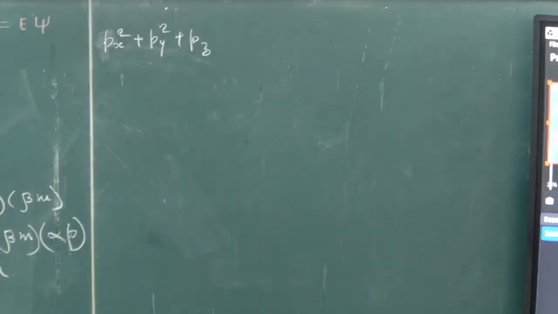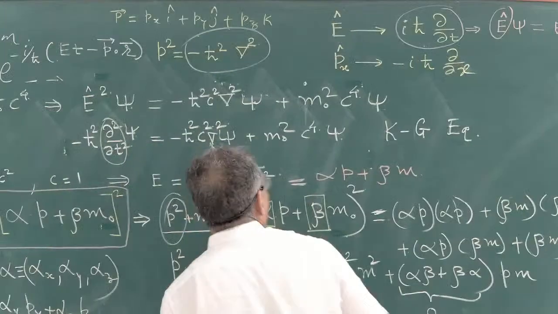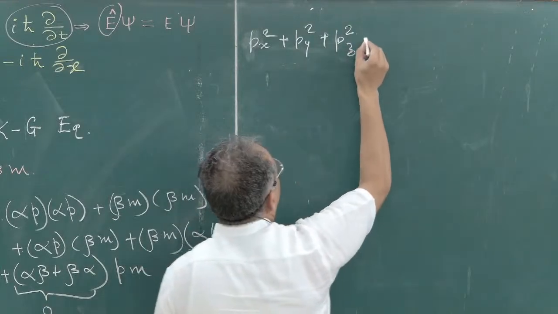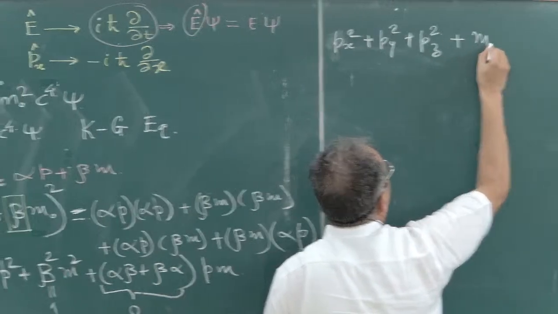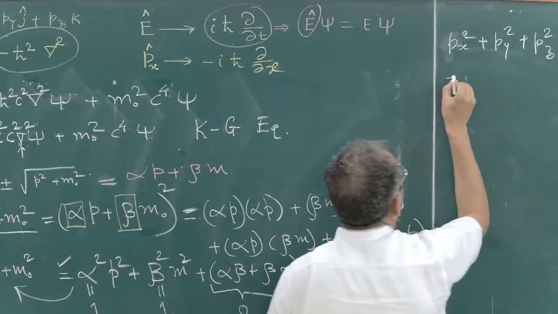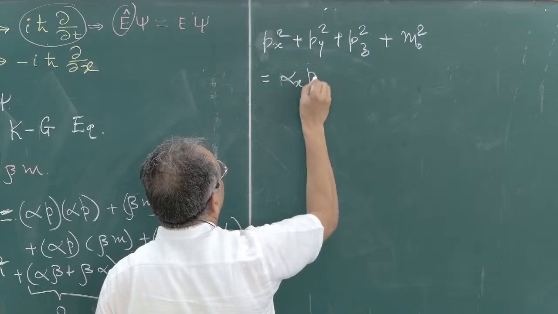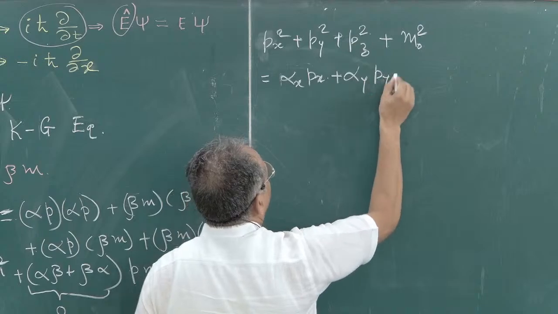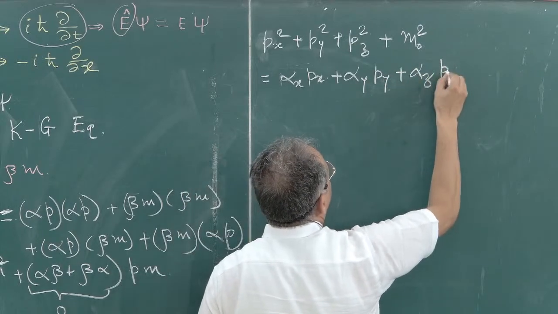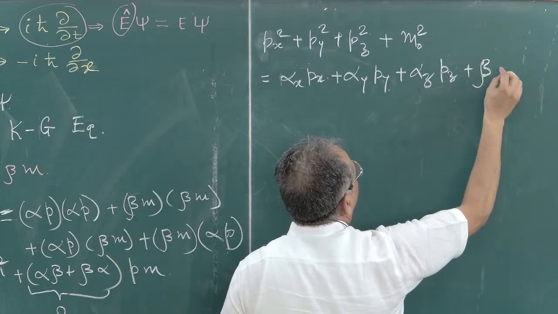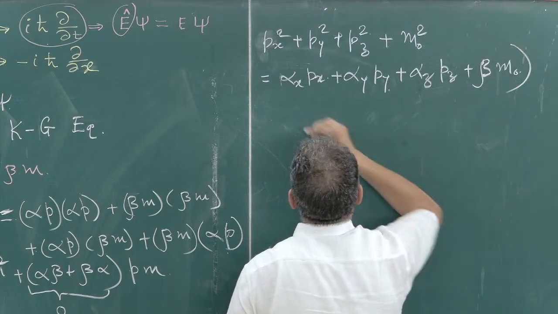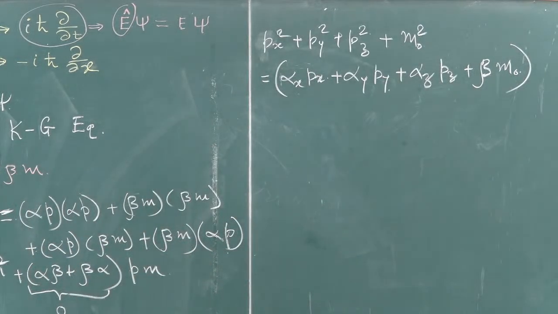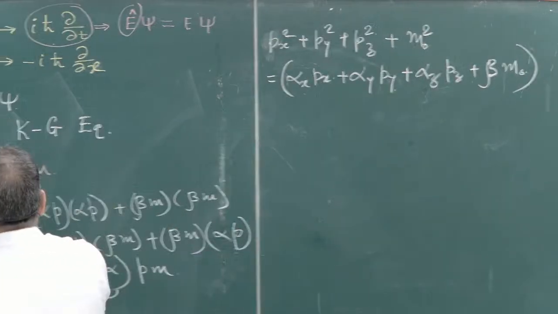This I am writing for this p square, and then plus m0 square. This should be equal to alpha x px plus alpha y py plus alpha z pz plus beta m0. So we have to write this quantity like this, and we have to consider square of this.